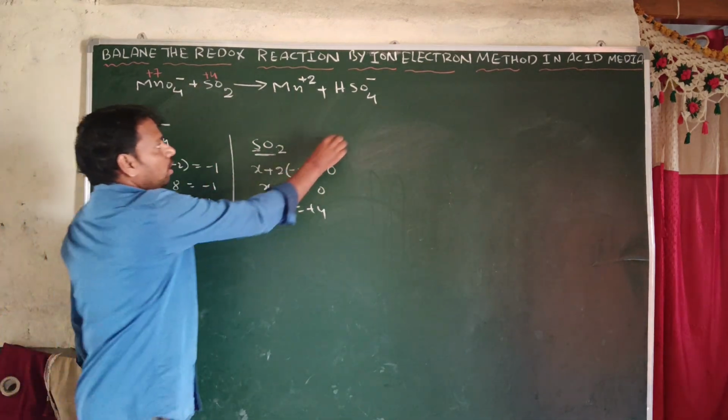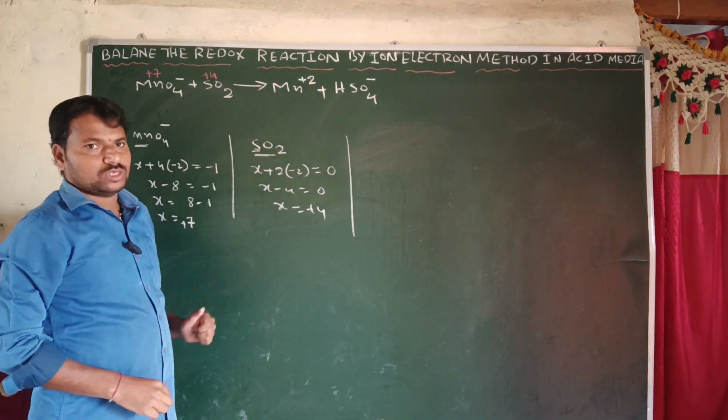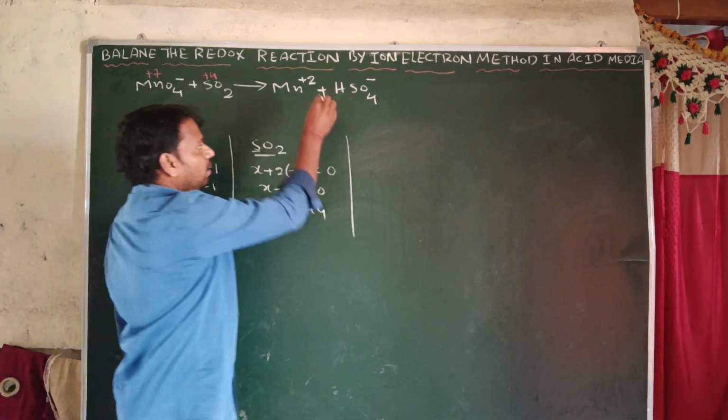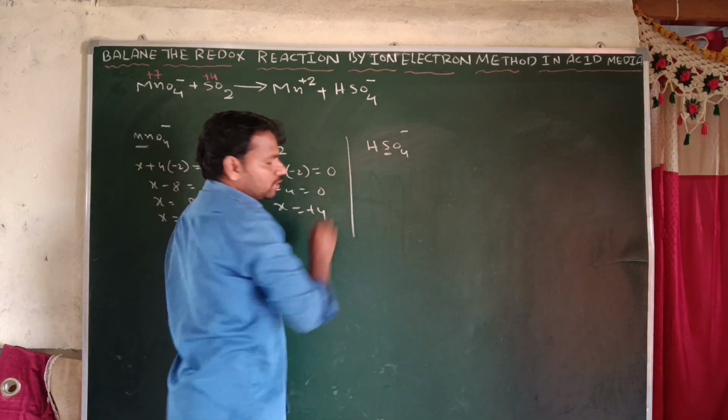Next, Mn2+ means the oxidation state of manganese is plus 2. Then in HSO4 minus we find the sulfur.